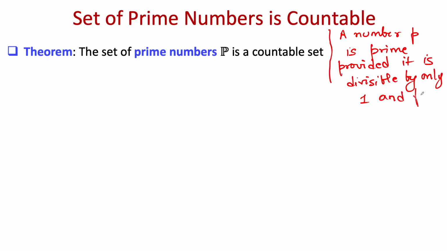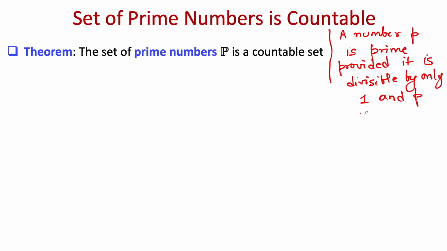That means there are no other divisors for the number p apart from the number 1 and the number p. Of course, 1 divides any number and the number divides itself. By default, these are the two valid divisors of any number. If your number p is such that you don't have any other divisors other than the number itself and 1, then the number p will be called a prime number.